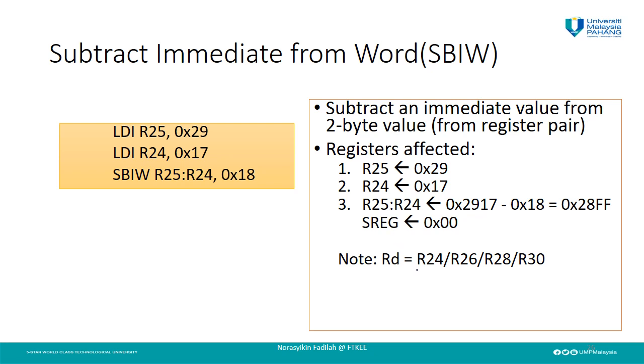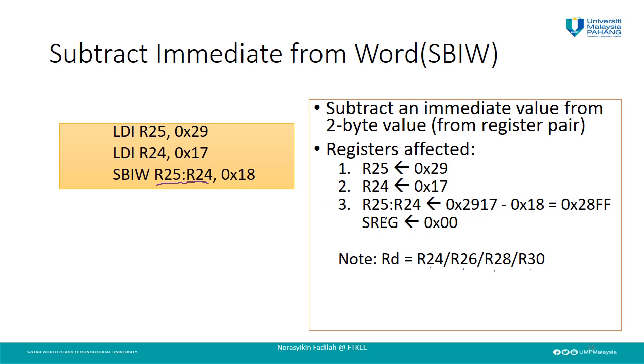The register pair can start from register 24 or 26 or 28 or 30 with its higher register. So for example, here we use register 24. The register 24 will hold the low byte, and then the register 25 will hold the higher byte.